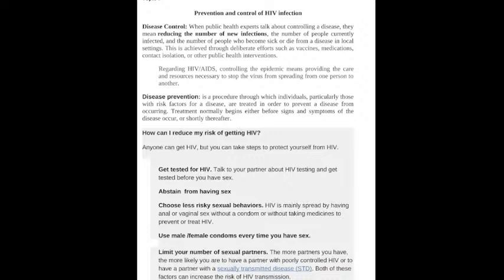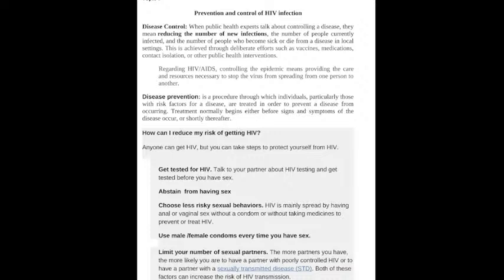So what is disease control? When public health experts talk about controlling a disease, they mean reducing the number of infections, the number of people currently infected, and the number of people who become sick or die from a disease in local settings.